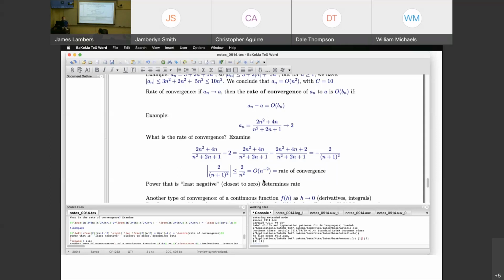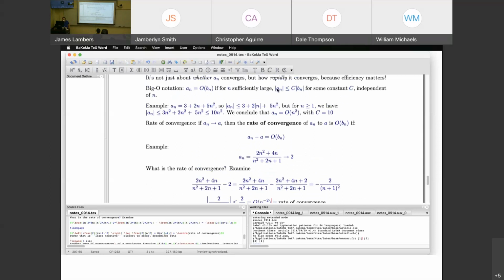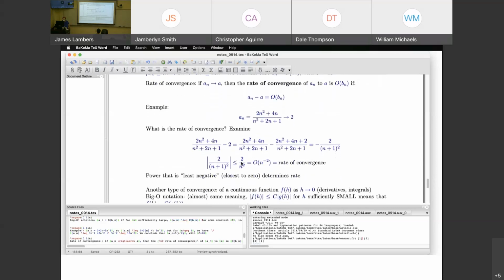But if you're going to go with something less sharp, you have to go in the other direction. Because whatever you put here has to be an upper bound. So I could say this converges to order n to the minus 1, because I could choose a constant times n to the minus 1.